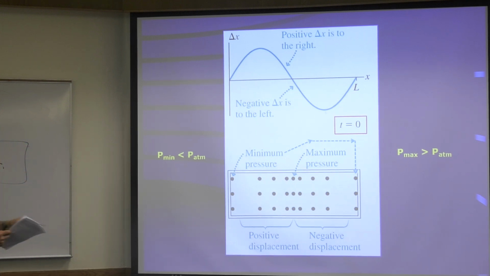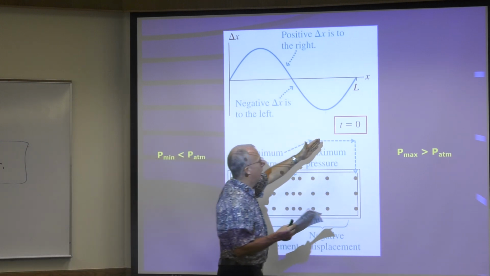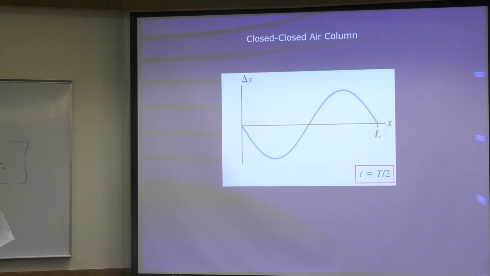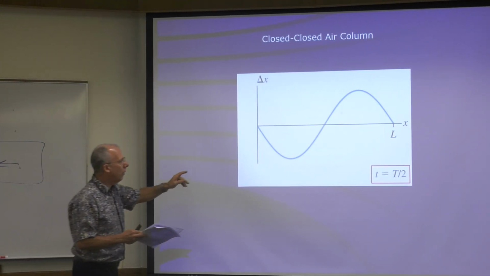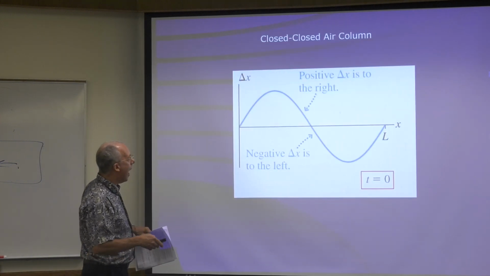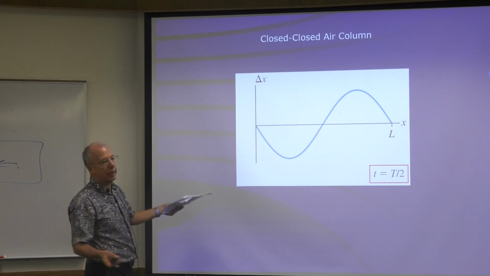Now since that's at t equals 0, let's do it at a half a period. Just like we saw earlier, initially it was like this, then a half a period later it flips, so it's like that.